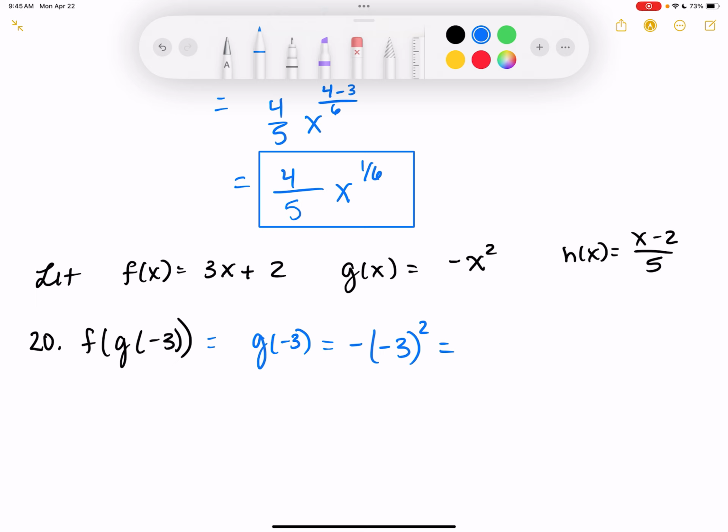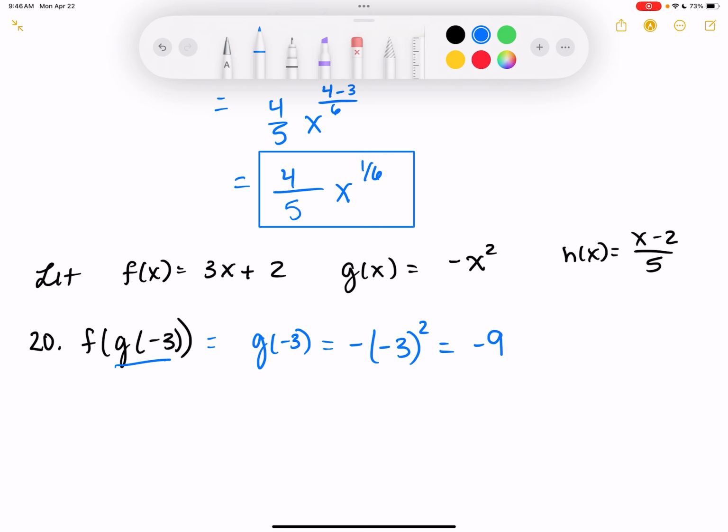What's negative 3 squared? 9, and then times the negative out here, so this is going to be negative 9. Notice the negative out here is not being squared. If there were parentheses around it, it would be, but it's not. I've got that negative sign out front, and then just the negative 3 that I plugged in being squared.